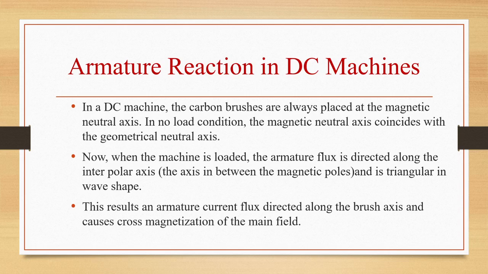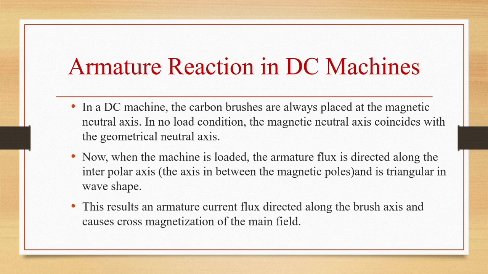In a DC machine, carbon brushes are always placed at the magnetic neutral axis. In no load condition, the magnetic neutral axis coincides with the geometrical neutral axis.